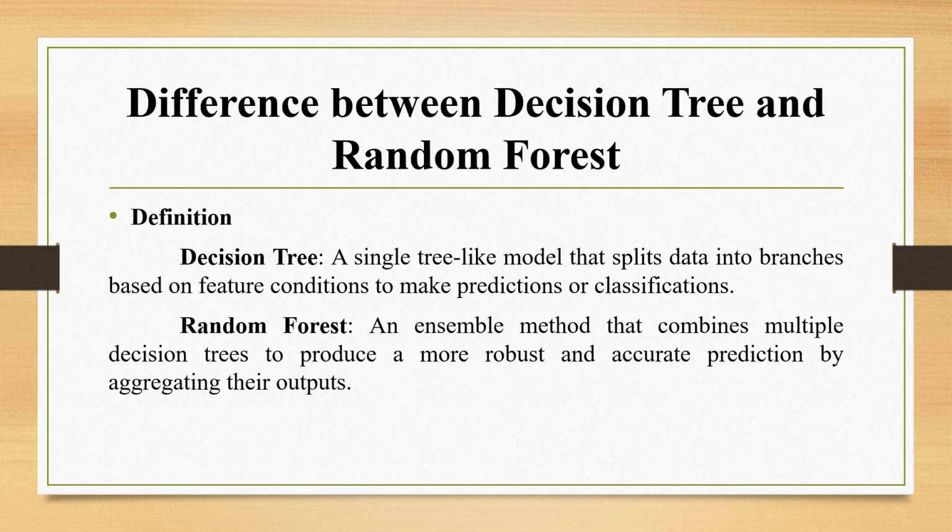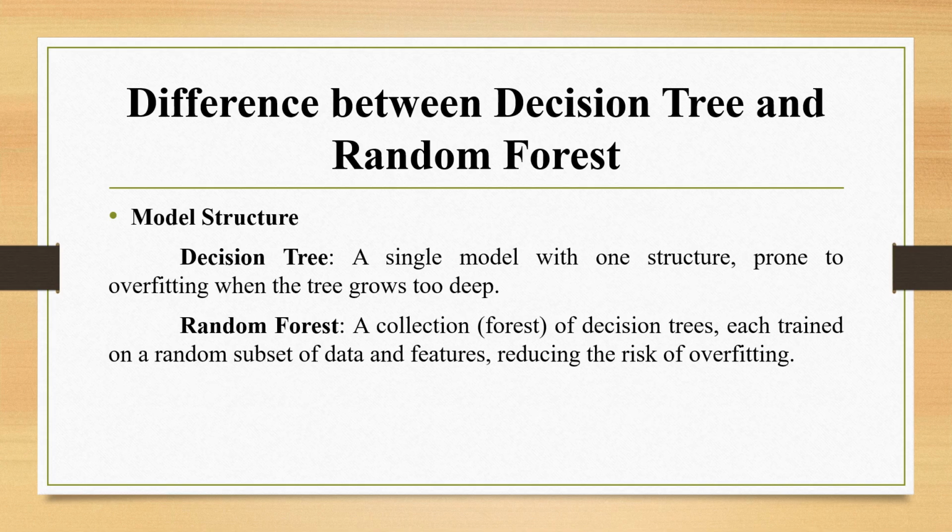A random forest is an ensemble method that combines multiple decision trees to produce a more robust and accurate prediction by aggregating their outputs. Next is the model structure. A decision tree is a single model with one structure, prone to overfitting when the tree grows too deep. A random forest is a collection of decision trees, each trained on a random subset of data and features, reducing the risk of overfitting.